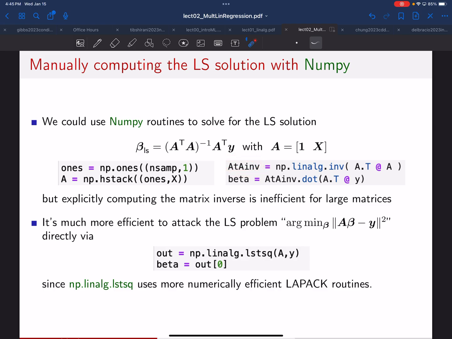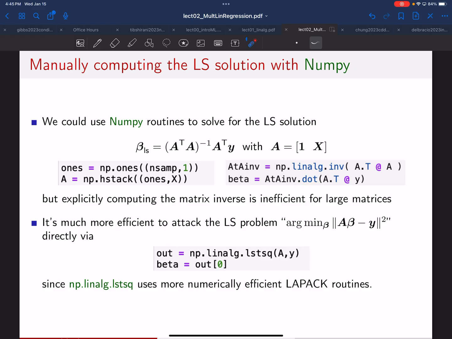And then finally, we have our A transpose Y, and we could use another at sign here for matrix multiply, or you can also use the dot operator. That also works.